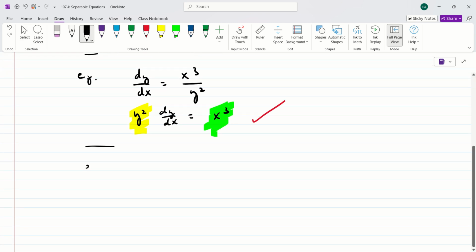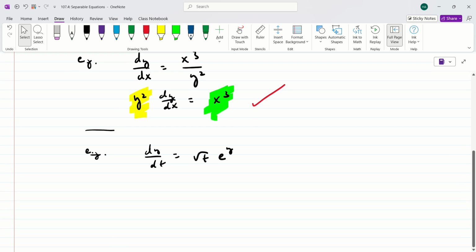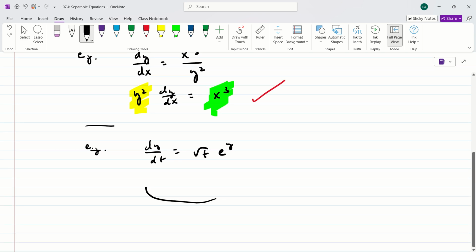As another example, suppose that you have dy dt is equal to, let's say, square root of t e to the y. The variables are a little different. Instead of an x, we have a t, but the t takes the place of the x. So you're asking yourself, can I move all the stuff with the y over to that side and all the stuff with the t over to the other side?